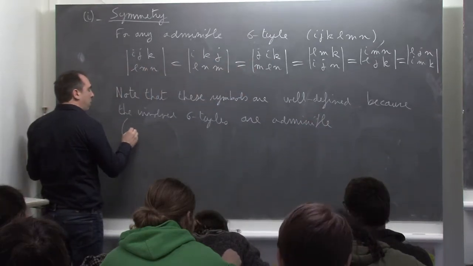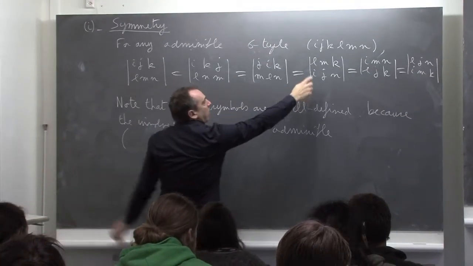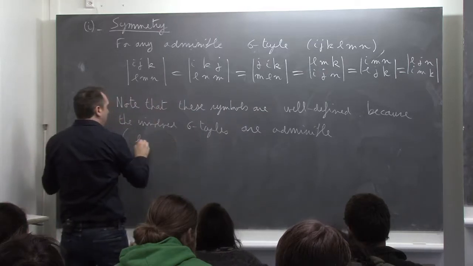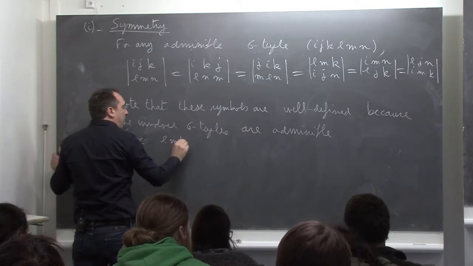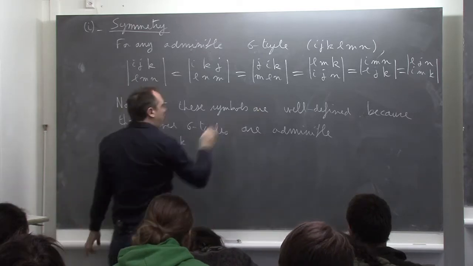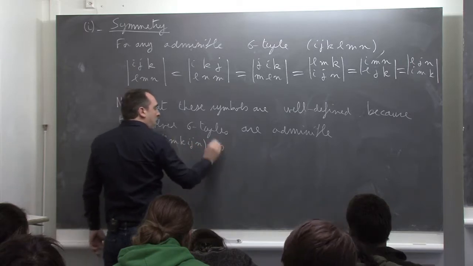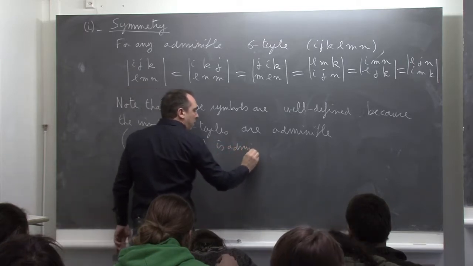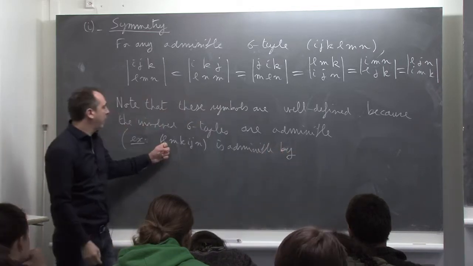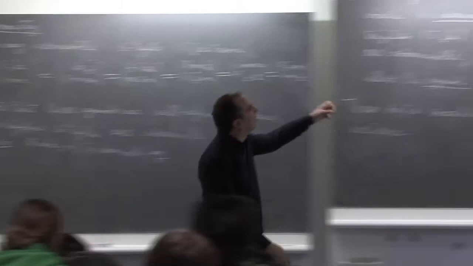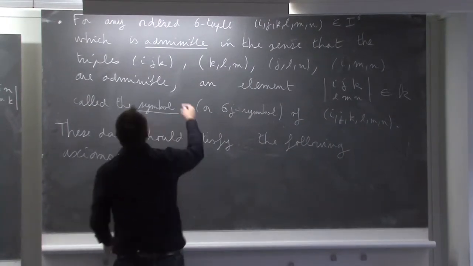For example, let's say, look at this one, L, M, K, I, G, N is admissible because we want L, M, K, so L, M, K is here by this condition.